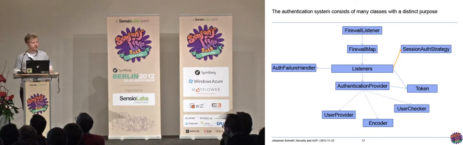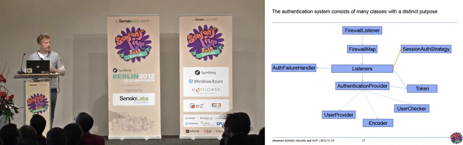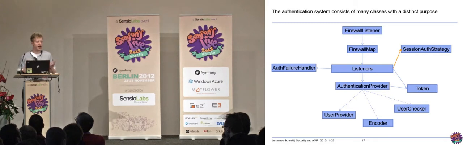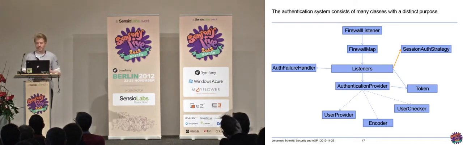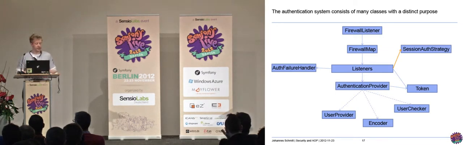We also have a session authentication strategy that basically defines what happens to the session when the user authenticates. For example, the default is that we change the session ID and migrate over all the attributes that are stored in the session, to prevent someone who has got access to the session ID before the authentication was performed to then get access to the authenticated session.